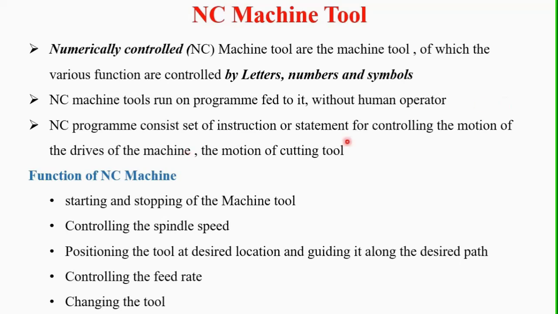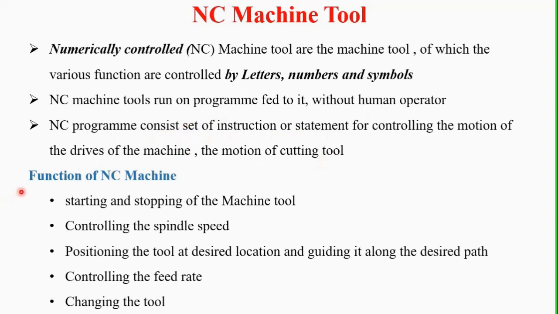The NC program consists of a set of instructions or statements for controlling the motion of the drives of the spindle and the motion of the cutting tools. Instructions are given to these machines through these programs.